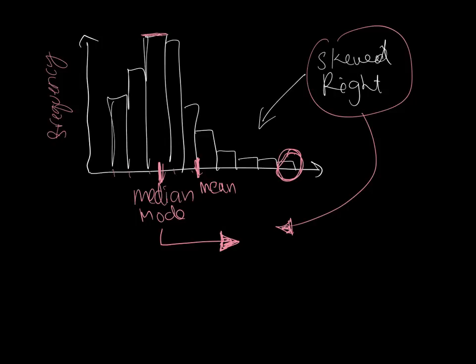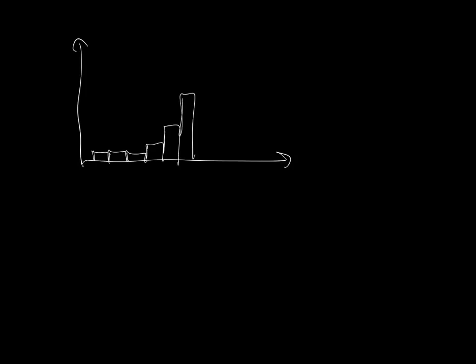The same thing happens when it's skewed to the left, except now my mean is going to move to the left. So if I look at a left skewed histogram real quick, sorry, bear with me while I draw this left skewed histogram.